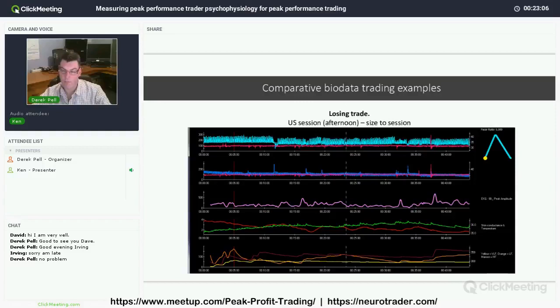Me personally, I can't second guess certain things when I trade because everything is pretty much quantified now. I know what's happening to me biologically. I know what's happening to me in terms of the trading process, if I've done it correctly or if I haven't, and therefore there's nothing much to think about anymore.